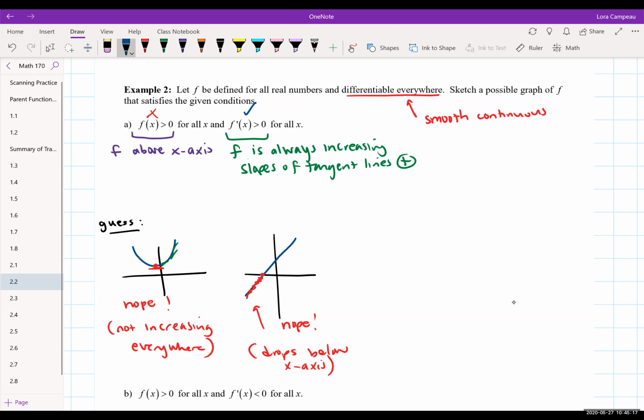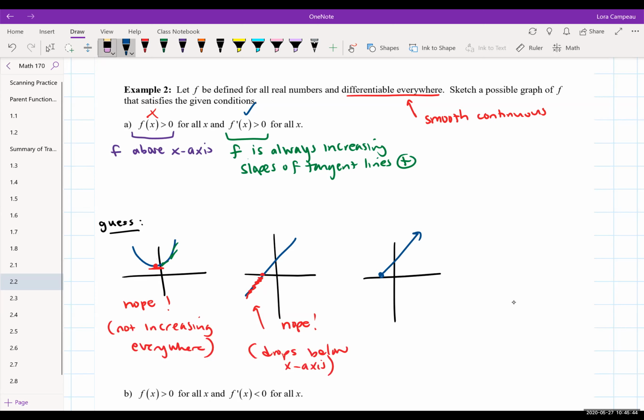I'd be really, really happy if I can build on what I just figured out. If I want it to always be increasing everywhere, why can't I make it a positive slope all the time, but maybe I stop. So maybe I do something like this and go this way.